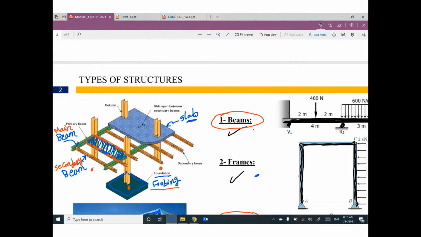I understand that the secondary beam is supported by the main beam. That's fine. But I'm talking right now about this slab. Is it supported by which beams? Secondary beam or main beam or both of them? What do you think?